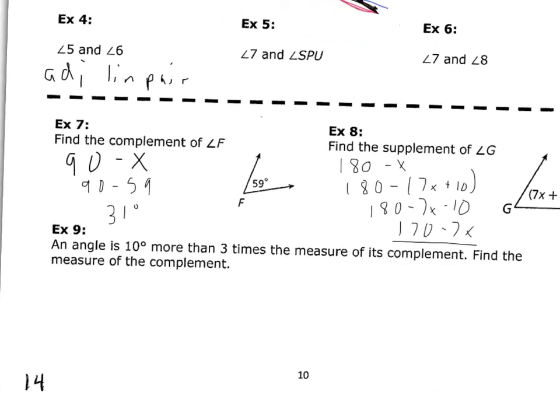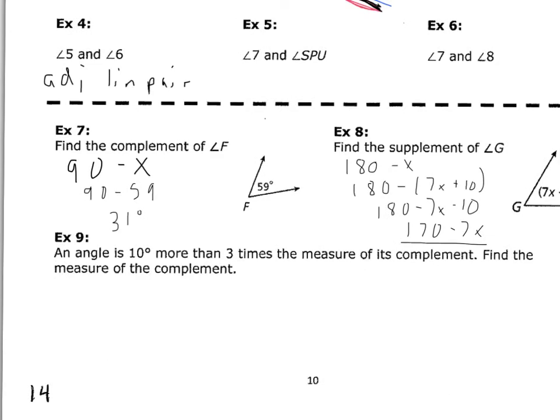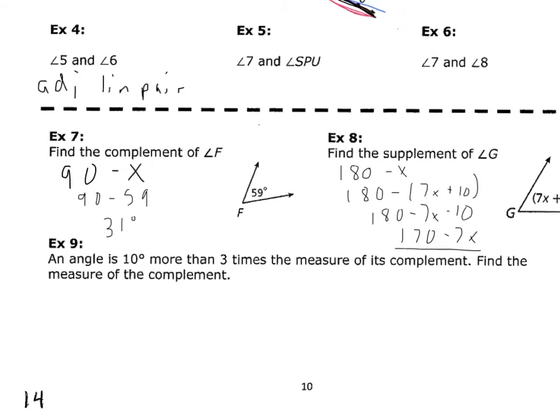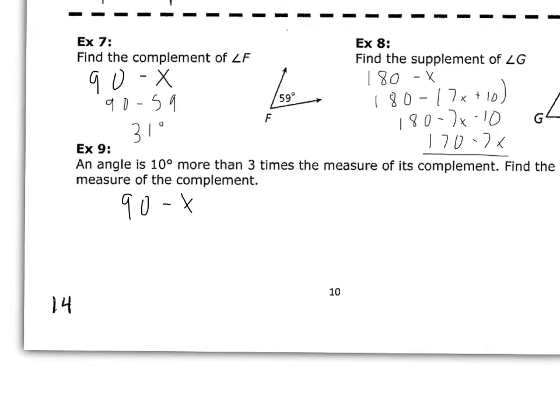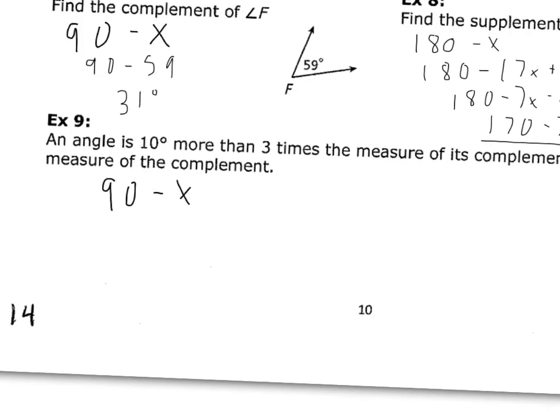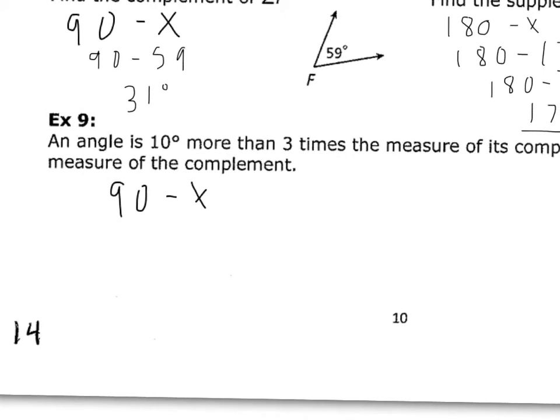Okay, let's take a look at number 9. It says an angle is 10 degrees more than 3 times the measure of its complement. Just find the measure of the complement. We know that complement means the two angles have to add up to 90 degrees. So we know that formula is 90 minus x, and then we're going to plug in some things and make an equation.